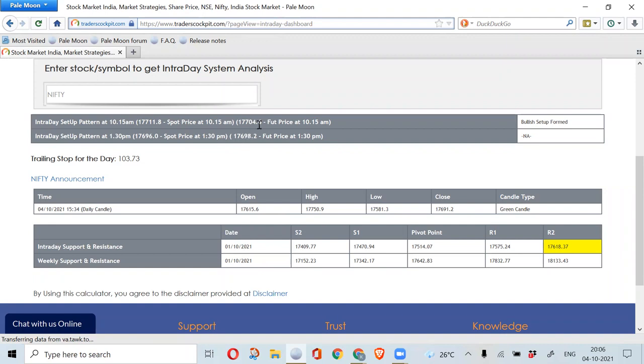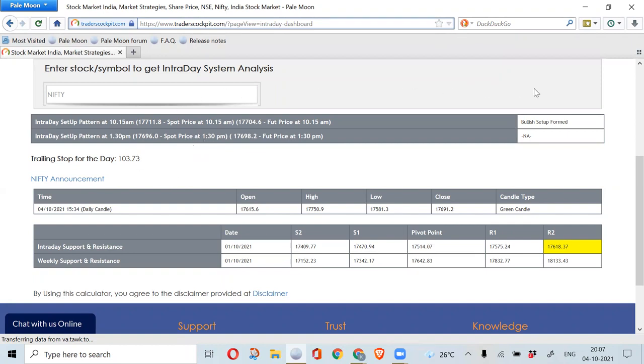So from market opening at 9:15 to 10:15, it will be volatile. And by 10:15, whichever direction the market is going, there is a high probability that it can continue in the same direction for the rest of the day. That's the reason we do analysis 2 times a day, at 10:15 in the morning and at 1:30 in the afternoon.